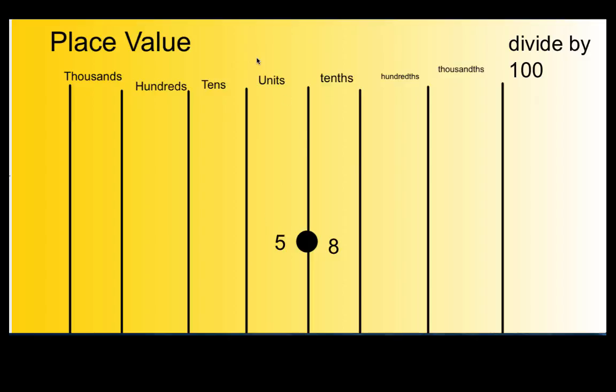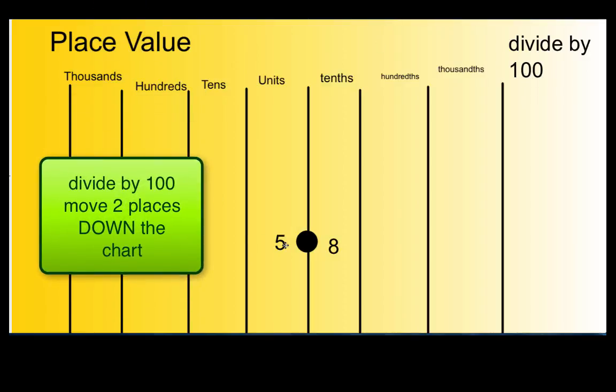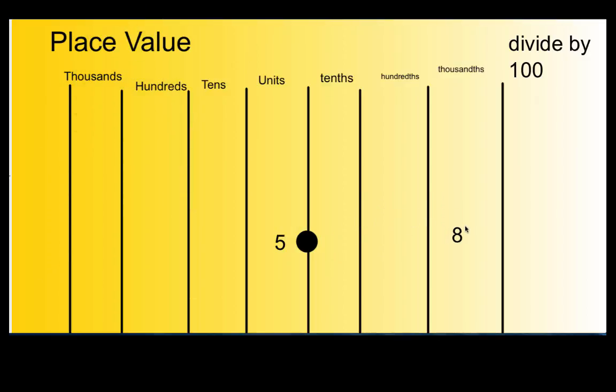So if we're dividing by 100, again we're going down the place value chart this time. And of course, because there's 2 zeros, we're going down twice. So you move the 8 down twice. You move the 5 down twice. Now you can't just have nothing there. You can't have no units or no tenths. So we better just pop in a placeholder there, and then we can just pop in 0 again.